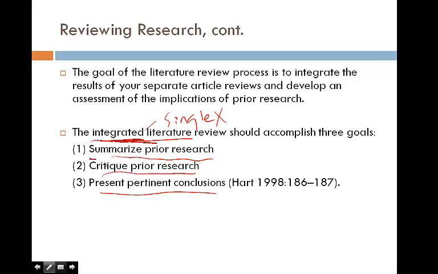Number 1, we need to summarize prior research. By summarizing, we can get some top key concepts together. Number 2, critiquing prior research. By doing that, we can figure out what the gap in the literature is, and then we can fill in the gap. Finally, present pertinent conclusions. That conclusion indicates that we need to do our own study and fill in the gap.